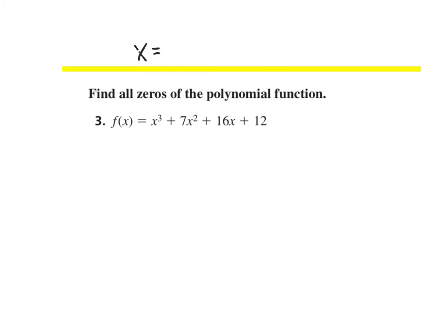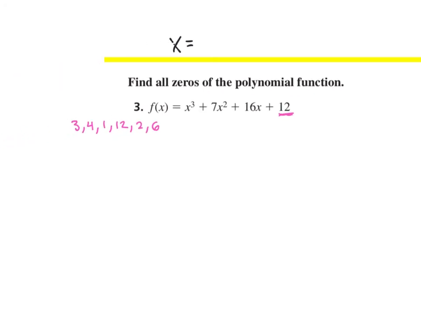P over Q. We can't factor by grouping, that wouldn't work, and we have 4 terms, so we have to use P over Q. What are factors of 12? 3, 4, 1, 12, 2, 6. And these are the plus or minus of all of them, so the positives and negatives.